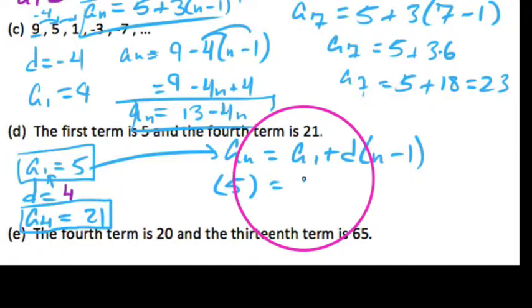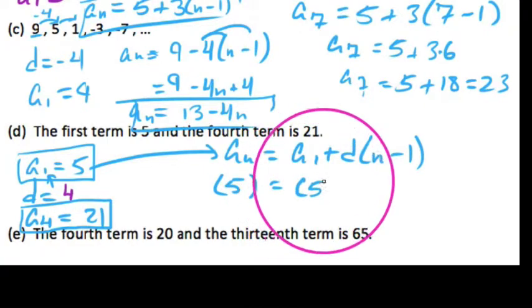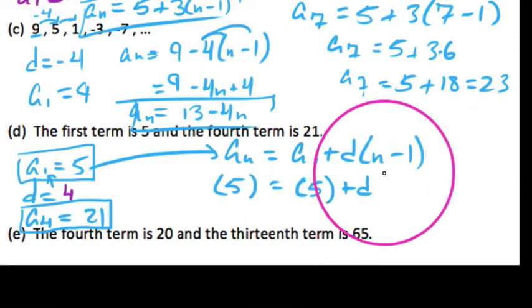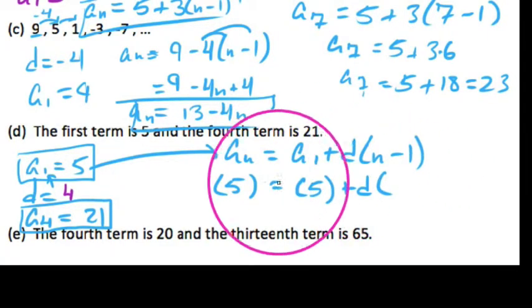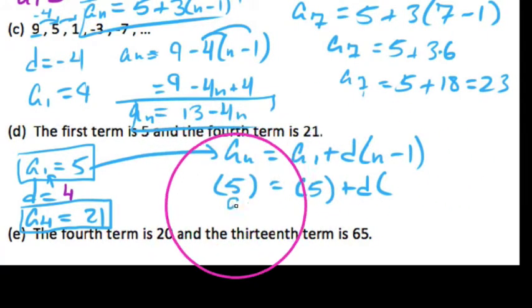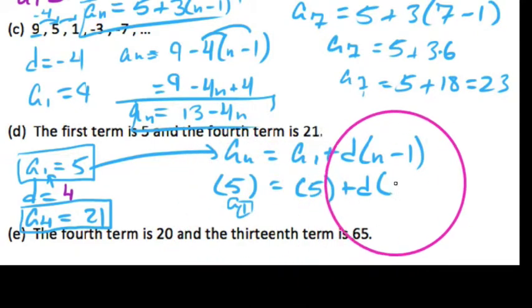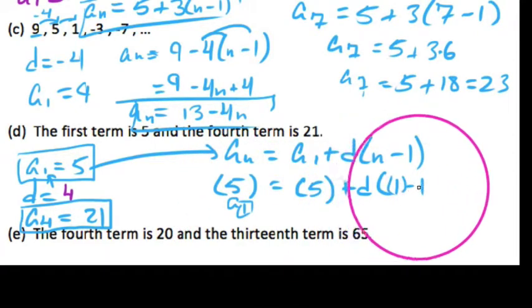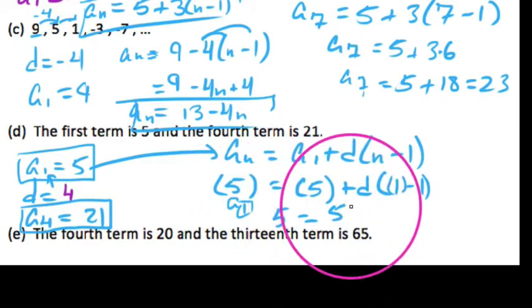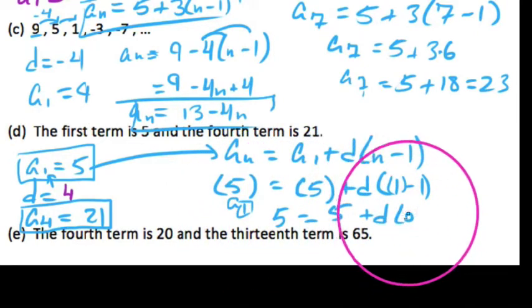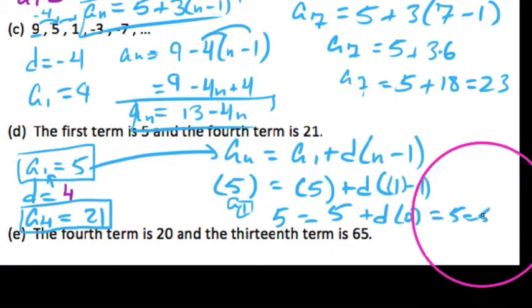So we get a1, which is 5, plus d times n minus 1. Now keep in mind, n in this case is 1. This is our first term, so our n is 1. So it's 1 minus 1 when we plug this in. I know it's a lot of substituting in, but what we end up with here is 5 equals 5 plus d times 0, but 5 equals 5.